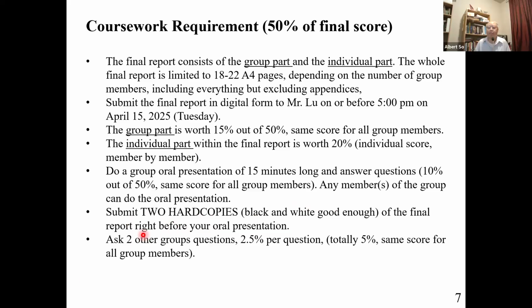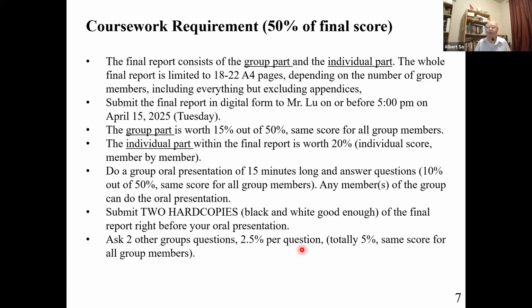And then every group needs to ask another 2 groups questions, and that's worth 2.5% per question. This was invented by me to make sure that you classmates can exchange ideas, and also that other groups will not fall asleep when one group is presenting.